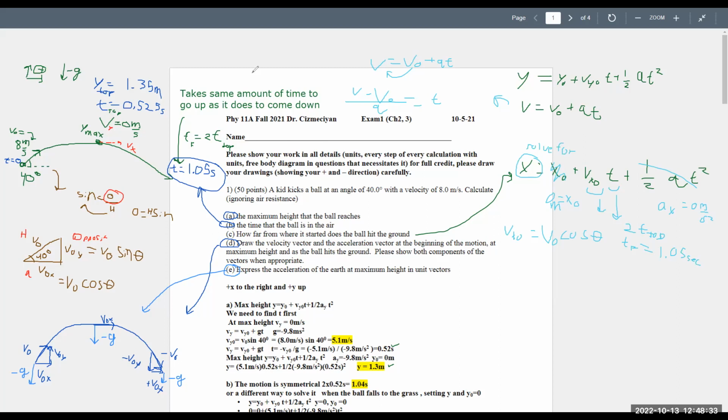Note that you could also do it this way. You could probably use this equation to get your x.